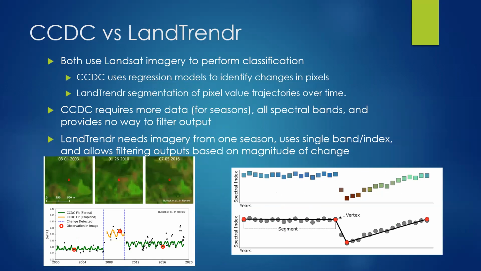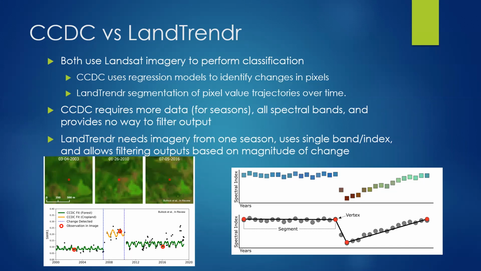They both use Landsat imagery, which is great for this project, but CCDC uses regression models while LandTrendr uses segmentation and tracks a pixel's trajectory over a set time. For CCDC, we need a lot more data. It takes into account all seasons. So if I start with an image from October and then I have an image 2 years later from April, this tool will actually take into consideration those changes.